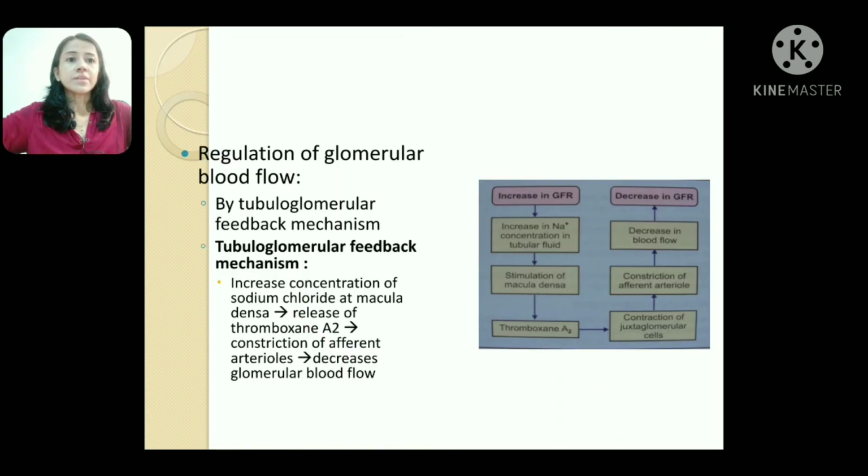You can see in the diagram that when there is an increase in the GFR, there is increased sodium concentration in the tubular fluid, and with increased sodium delivery the macula densa cells are stimulated and they release thromboxane A2. Now this thromboxane A2 causes contraction of JG cells and contraction of afferent arterioles, and when afferent arterioles are constricted, there is a decrease in the blood flow and GFR decreases.